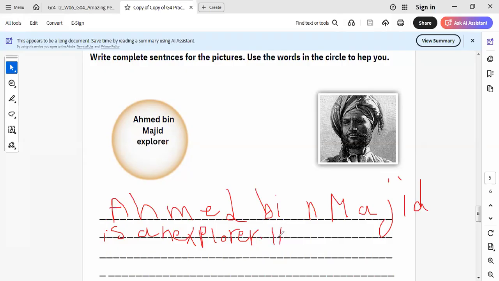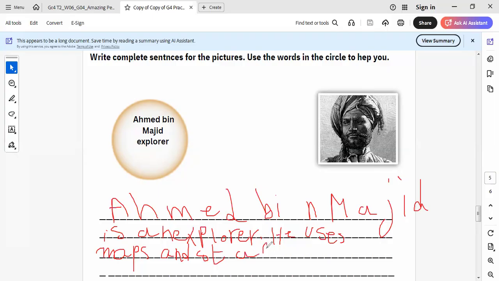He uses maps and stars. So here are two sentences only.